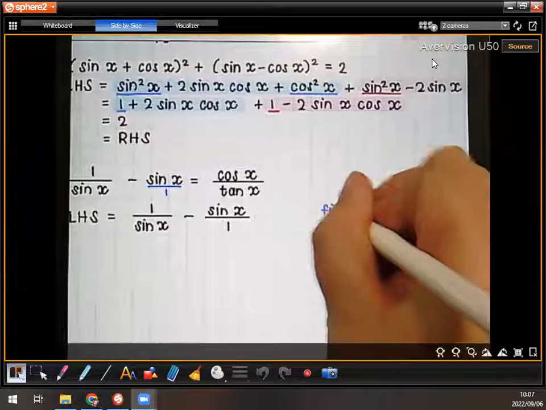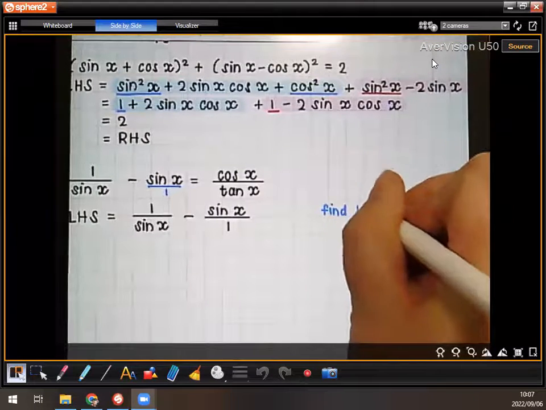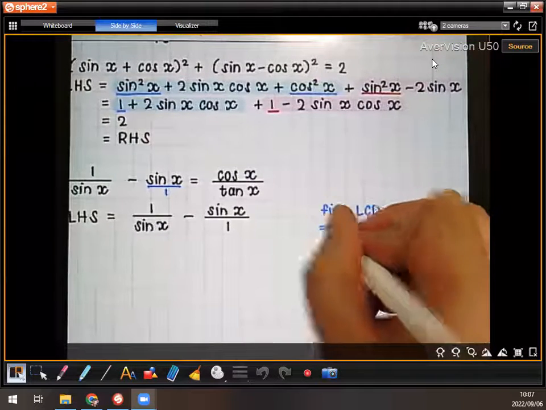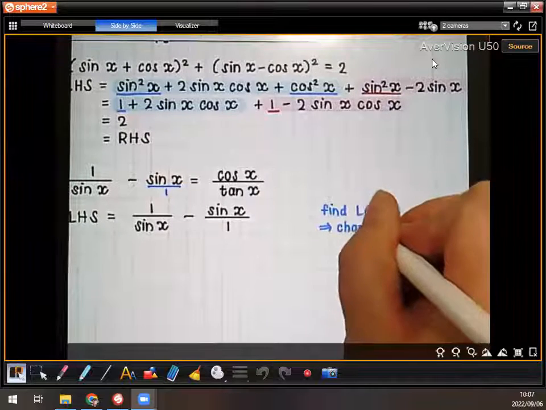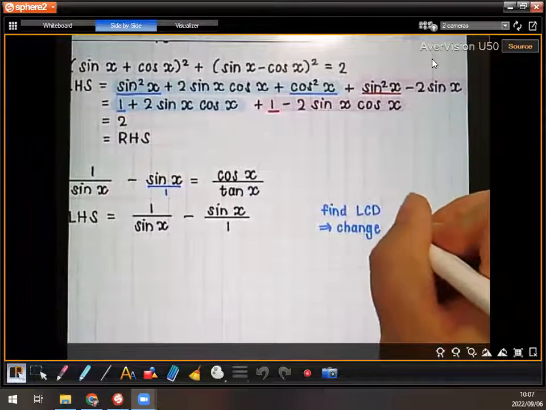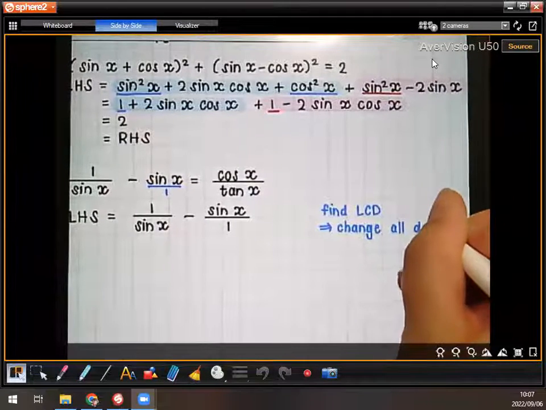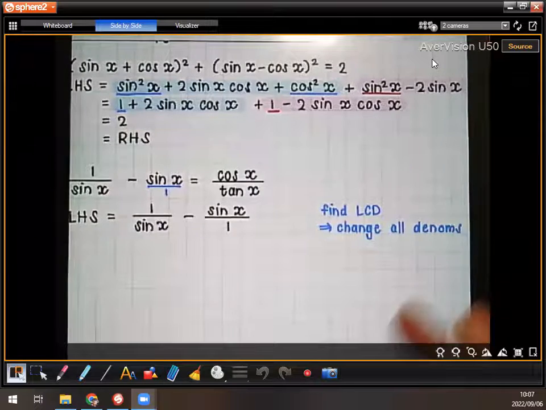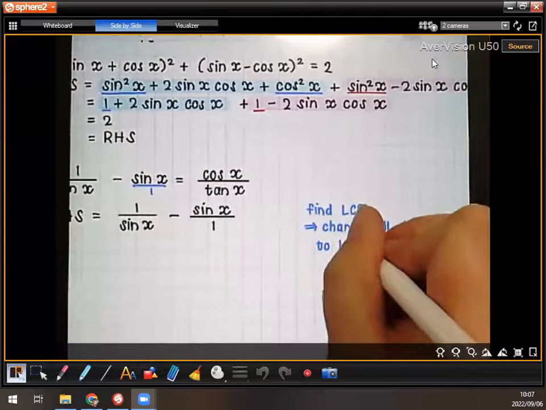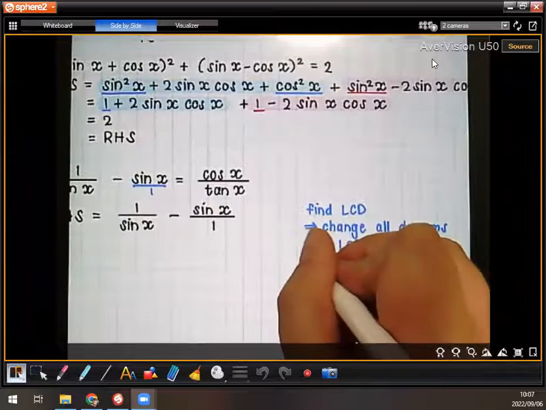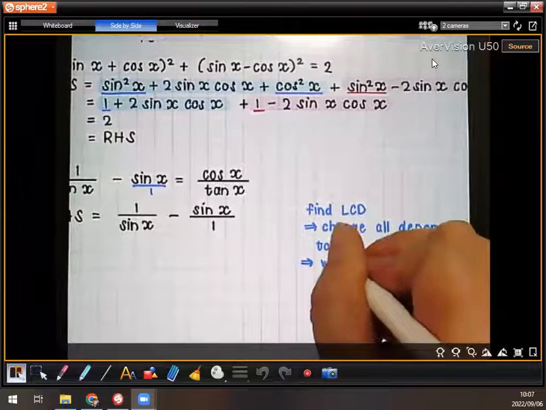So we need to find the LCD. And then we need to change all our denominators to that LCD. And then we're going to write it as one fraction.